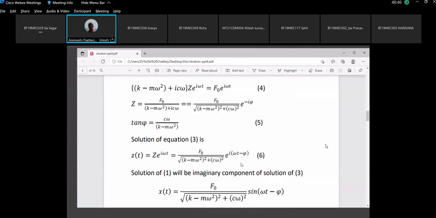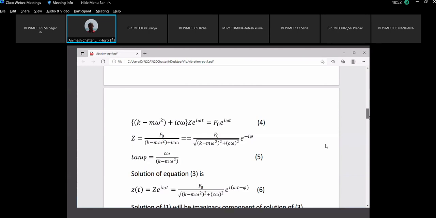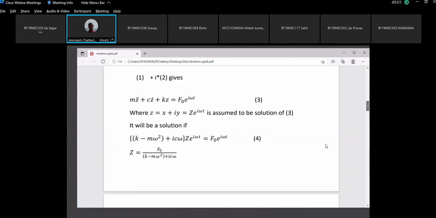Now, what we can say that this will be the response when force was how much? Force was f0 e to the power I omega t. That is f0 cos omega t plus I into f0 sin omega t.